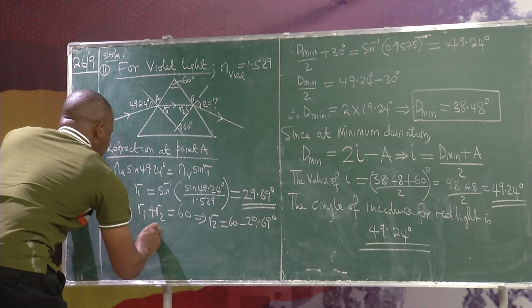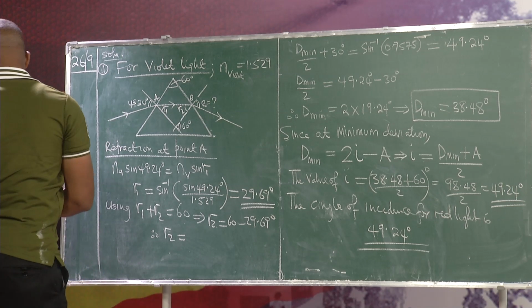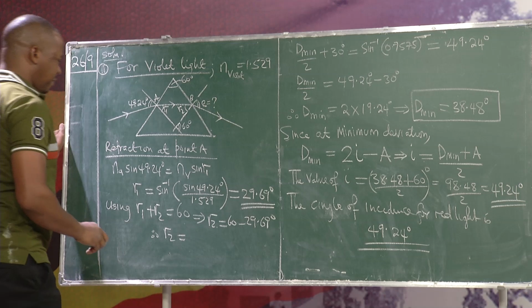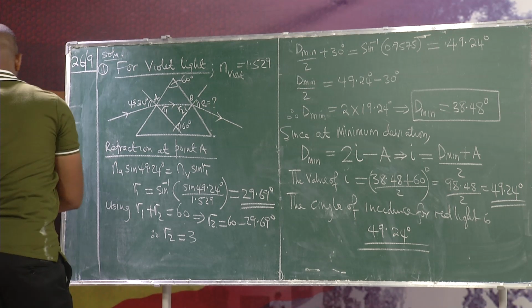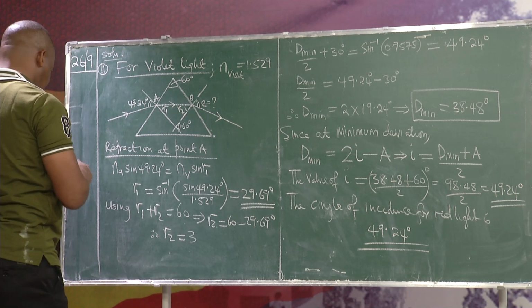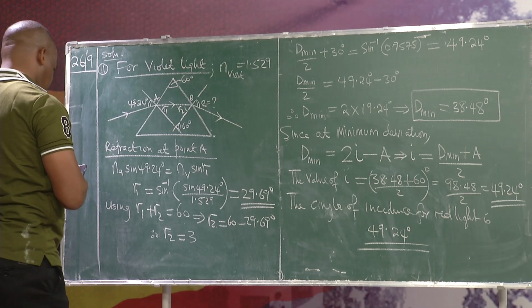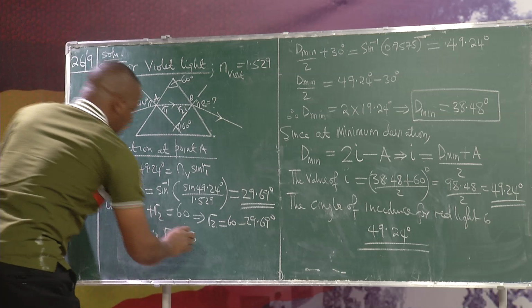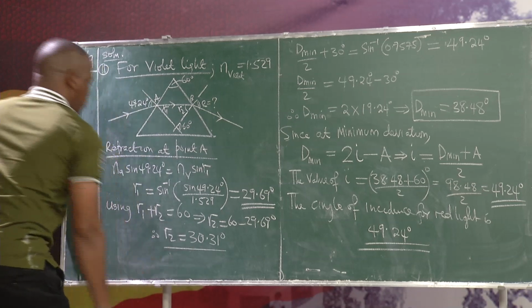And therefore, our R2, if we do the subtraction, should be approximately 30.31 degrees. Our R2 becomes that.